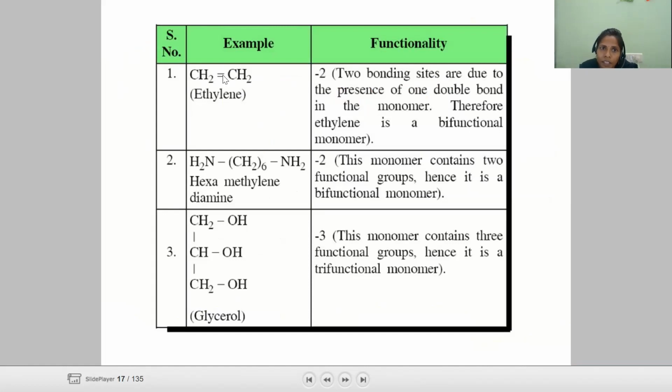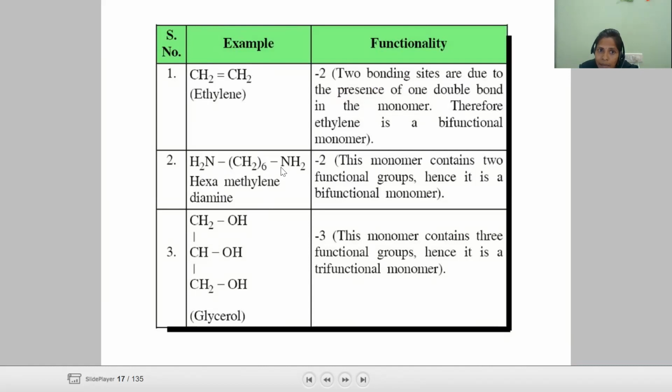When this double bond is opening, the new monomers will be attacking at both sides, because this double bond is joining these two carbons. So these two are the binding sites. How many binding sites are there? Two binding sites are there.